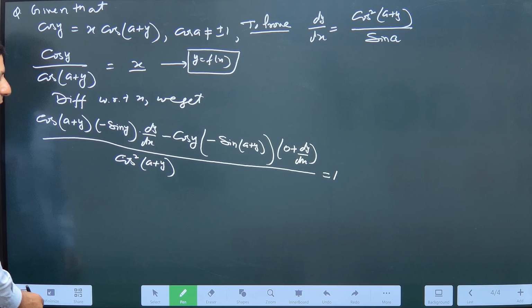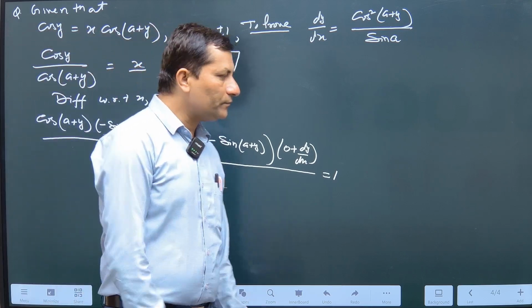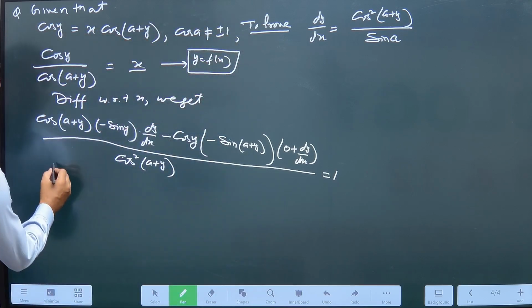Simplify it one time. Proper form में write down it.